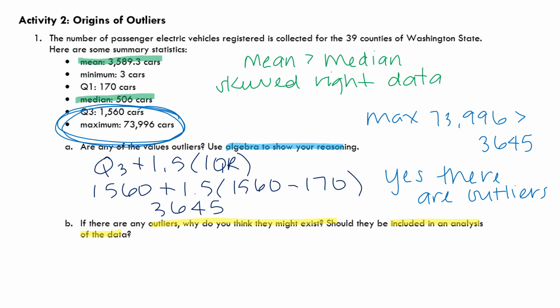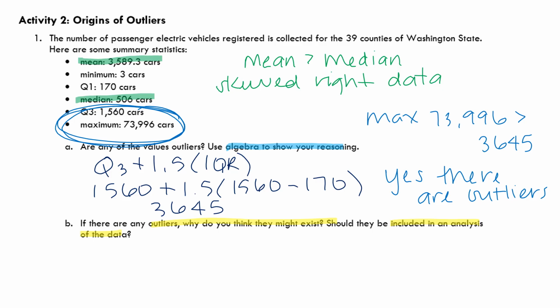there is a really high population where we are in King County. And so I could see that the population of King County could have a pretty high amount of electric vehicles registered. Maybe 73,000, maybe more, maybe less, but overall there's a high enough population where I could see that that would be plausible.